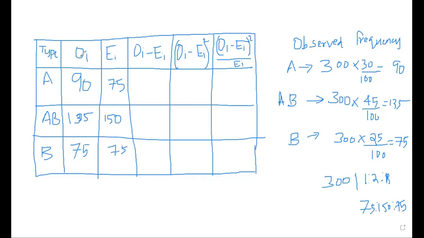I hope it's clear. So the expected frequencies are given by the ratio 1:2:1.